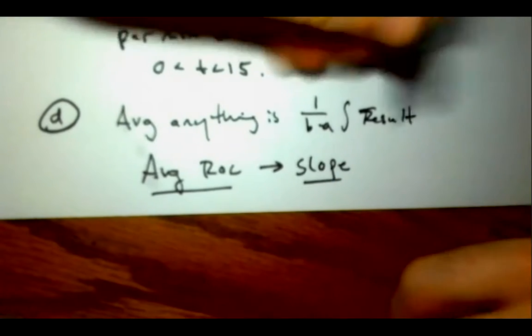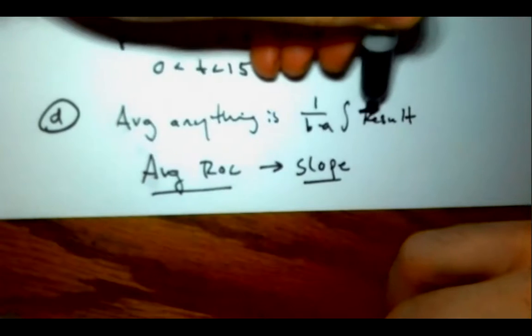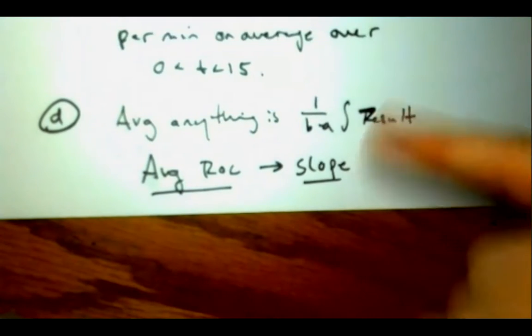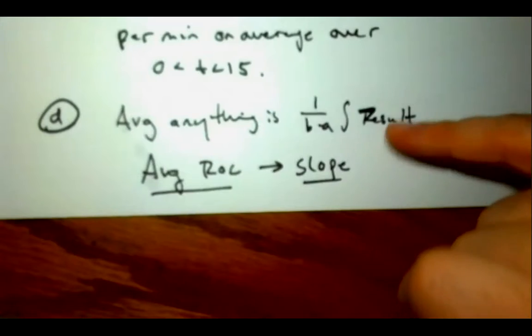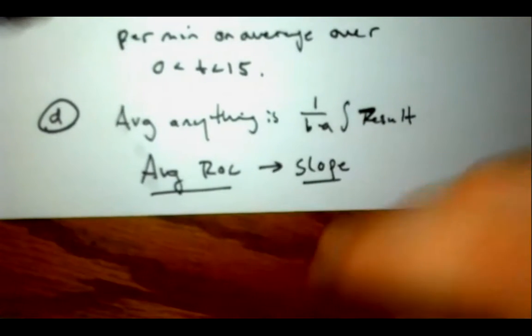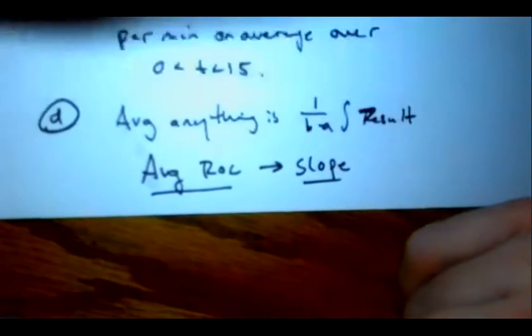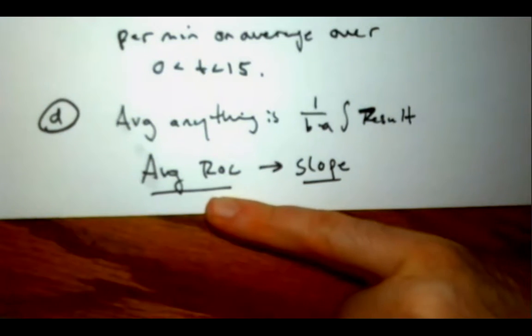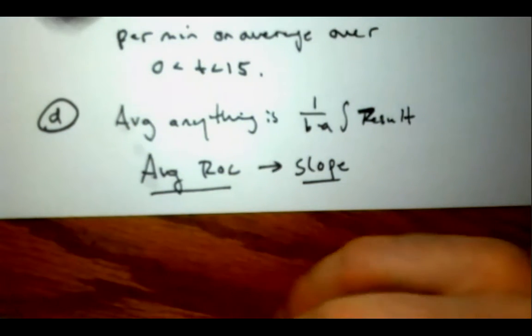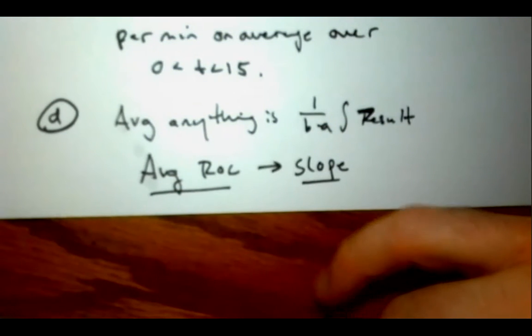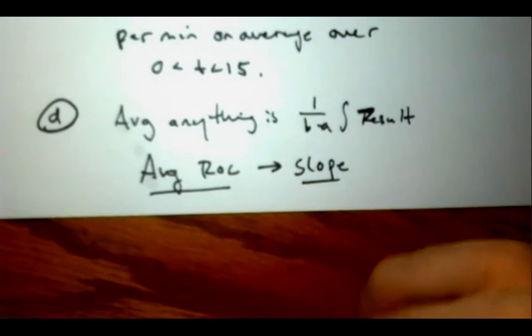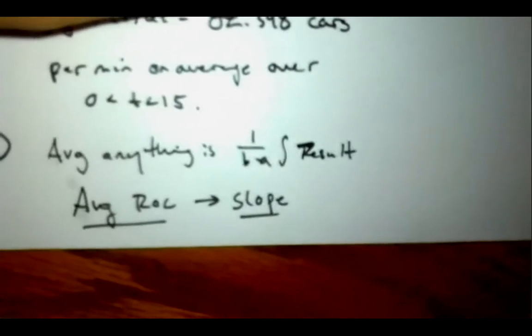It's confusing to understand what's going on here. So like if I ask for the average velocity and I have an equation for velocity, it takes me backwards one, so that I'm still finding that regular slope. But when it says the average rate of change, that's like us saying we need to just use the original. So average anything is 1 over b minus a times the result, except average rate of change. Let's just do regular old slope.